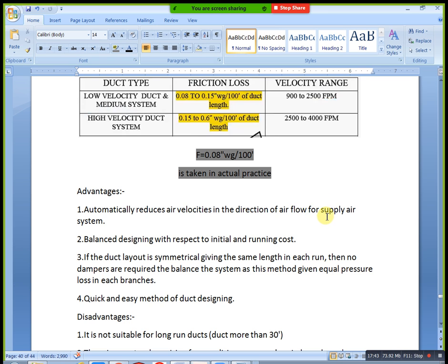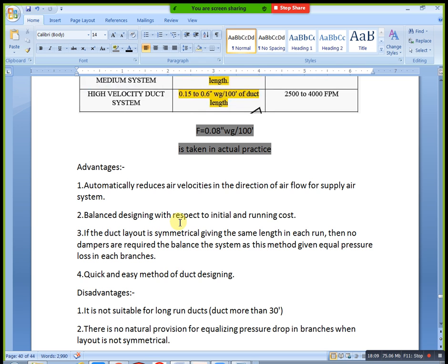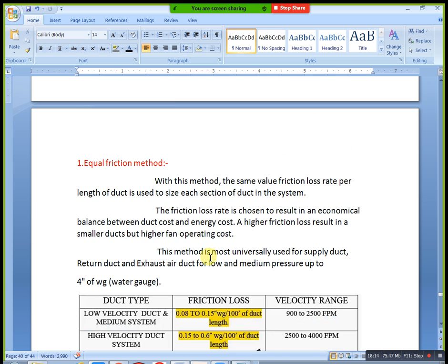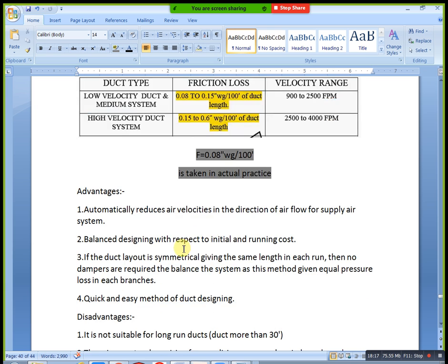When friction loss occurs, there is a pressure drop, and the velocity also reduces based on our size and area. Next, balanced designing with respect to initial and running cost. Already I explained this, same point. For both purposes this method is better.